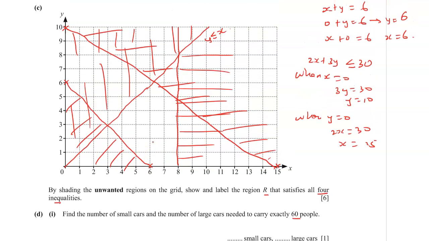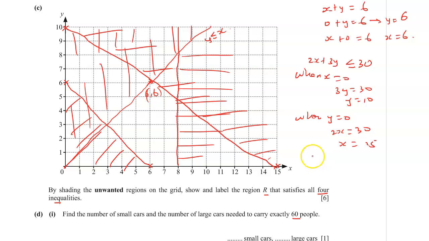Let's say this should pass through here. So let's find that point there, that is 6, 6.